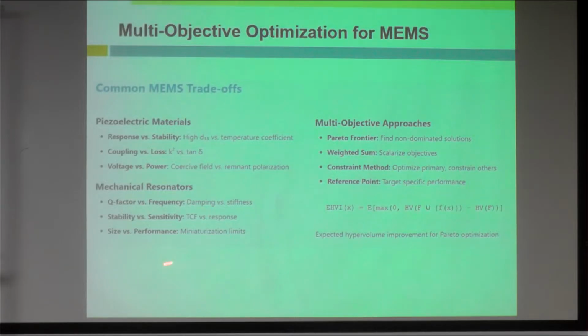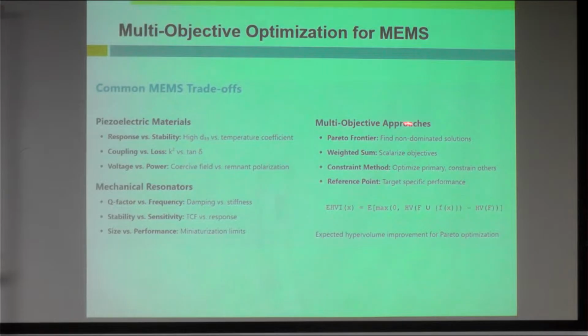And in the case of a mechanical resonator, for example, you have Q quality factor versus frequency, the damping and the stiffness of the material. So you know that a stiffer material will have a higher frequency. Okay, stability versus sensitivity, then size versus performance, where we look into the miniaturization limit, so how small it can go.